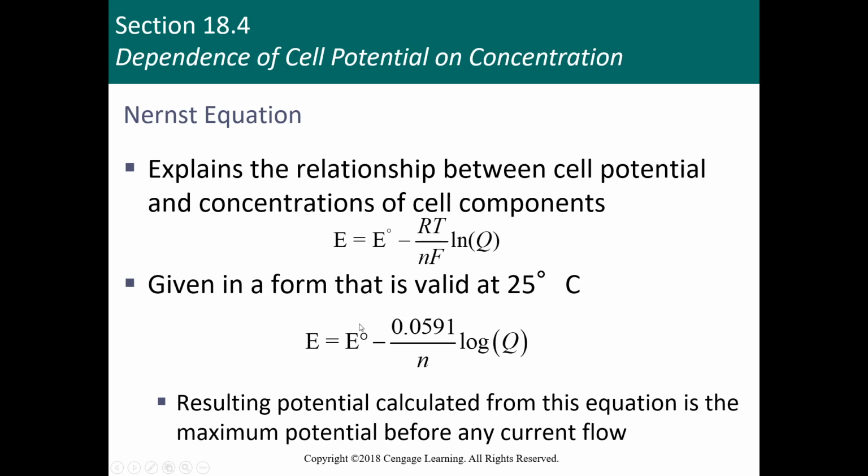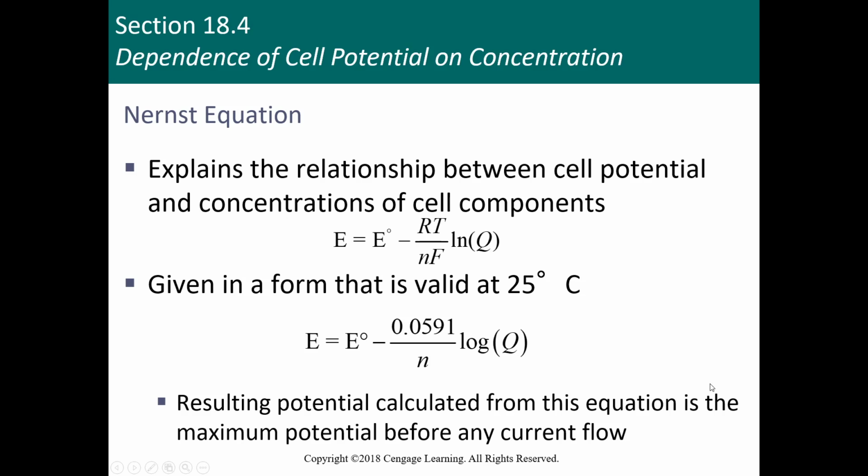So E equals E naught, same as before, minus, we have taken this F, R, and 298 for this T. We have combined it into a single term here, which is 0.0591. You don't actually have to memorize this. If you can solve this, it's not a problem. Divided by n, which is again our number of electrons, times the log of Q. Again, that's that same reaction quotient you've seen before.